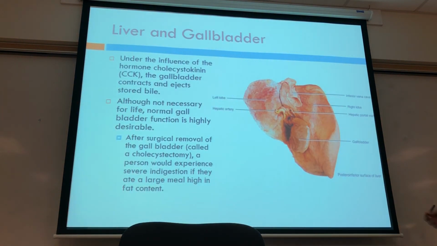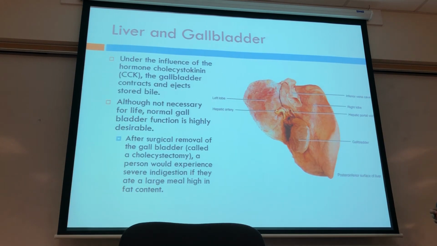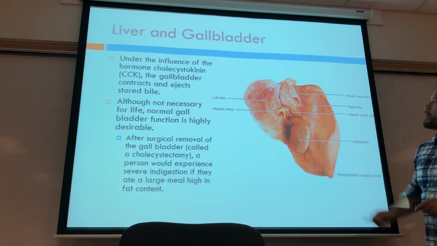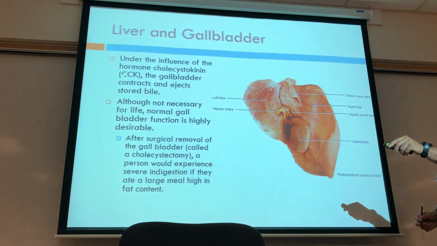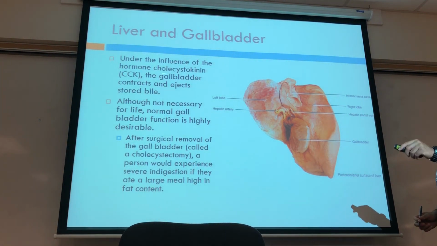So here you can see the back of the liver. You can see the gallbladder. CCK, cholecystokinin, is what's going to cause the release, and I talked about this a little bit in our stomach slide, where CCK comes in to contract the gallbladder. So why is it called cholecystokinin?